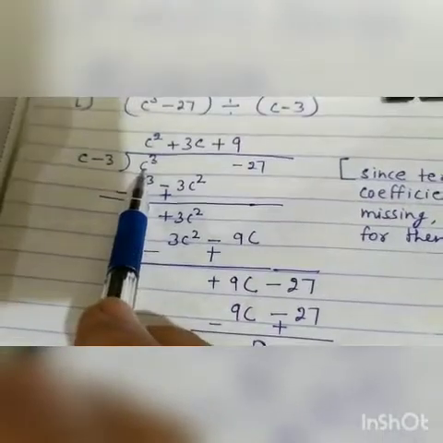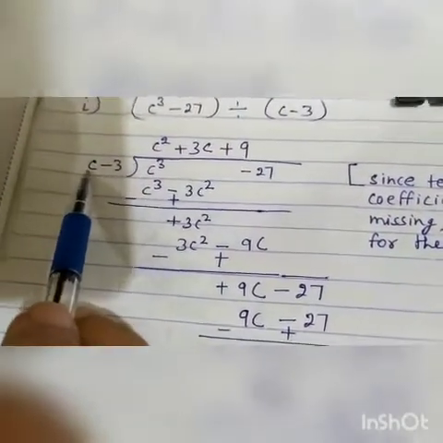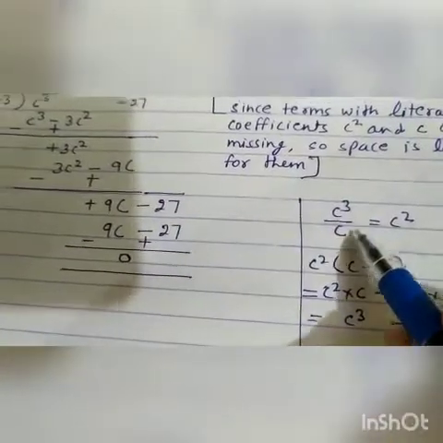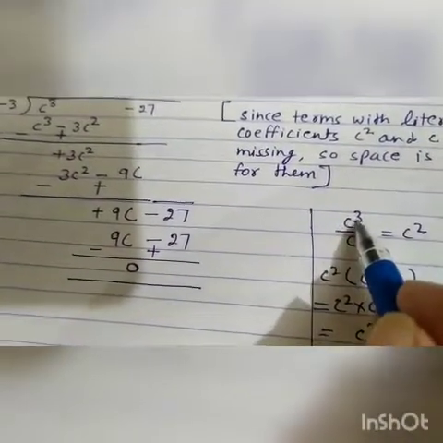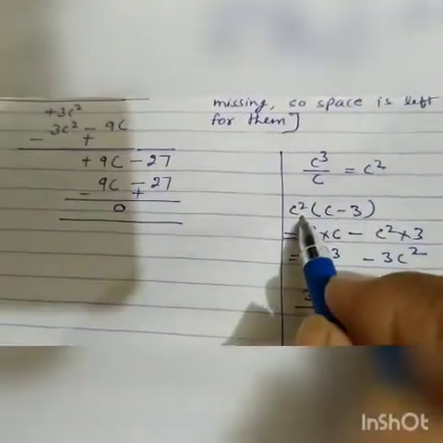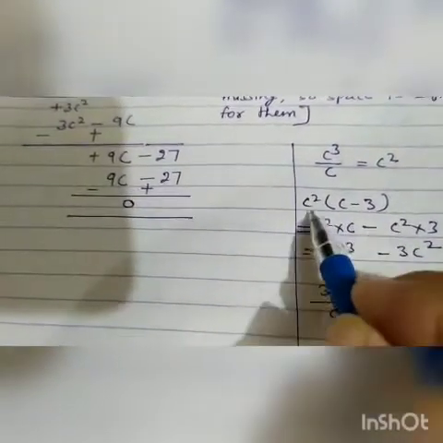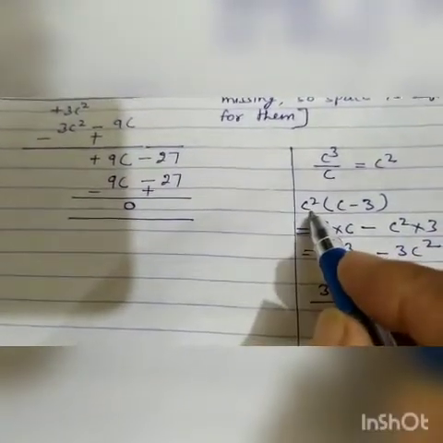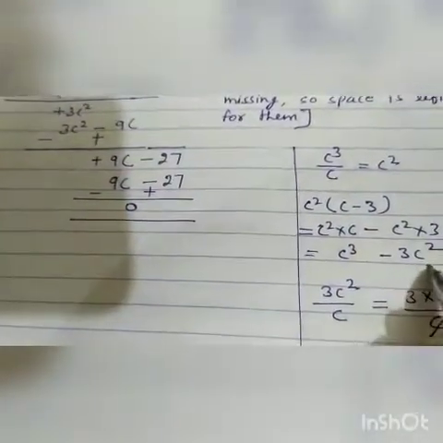First term of this dividend by this first term of this divisor, c cube upon c. C cube means c multiplied by c multiplied by c. C cancel, c square is left. Now c square multiplied by c minus 3. C square multiplied by c is c cube, minus c square multiplied by 3 is 3c square.